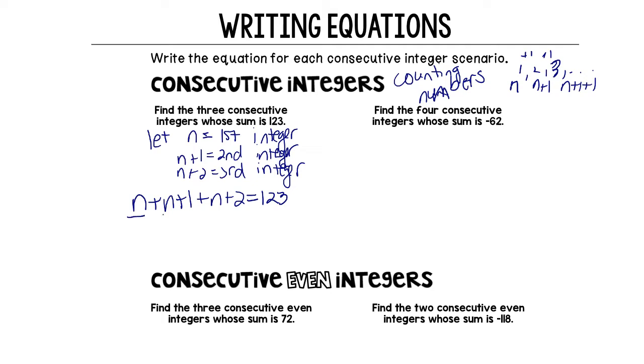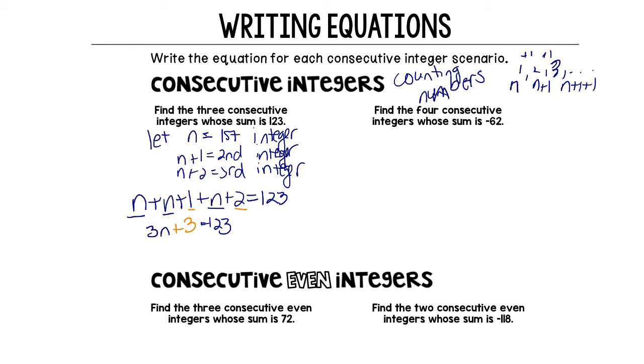So the n's are all exactly the same, and the constants are exactly the same. They're on the same side of the equals, so we just do what they say. n plus n plus n is 3n. 1 plus 2 is plus 3, and that equals 123.